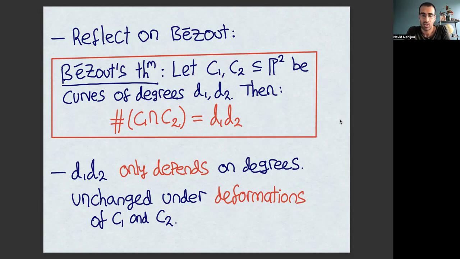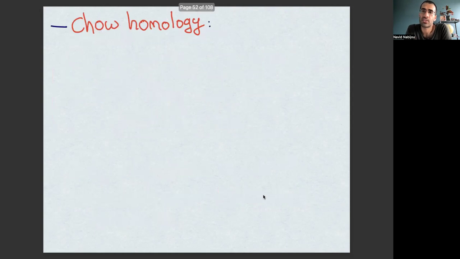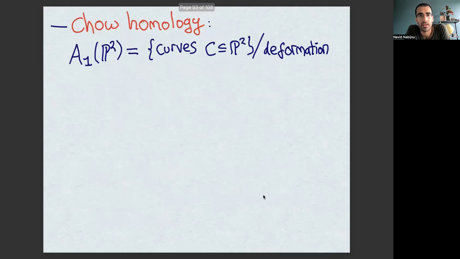So what this suggests is that we should maybe study curves in P2 only up to these deformations, only up to whether I can deform one curve into another. And this leads to the theory of Chow homology, okay? There's this thing called A1 of P2. Don't worry too much about what A1 means, it just means one-dimensional cycles.